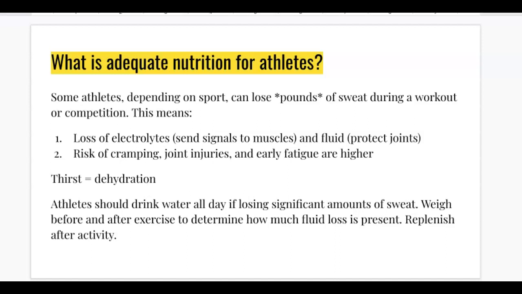For collegiate and professional athletes, this is a standard practice for their team dietitian to weigh them in before and after. I was once talking to the sports dietitian for the New Orleans Saints, and they actually fine their players a significant amount of money if they don't weigh in before and after their workouts.